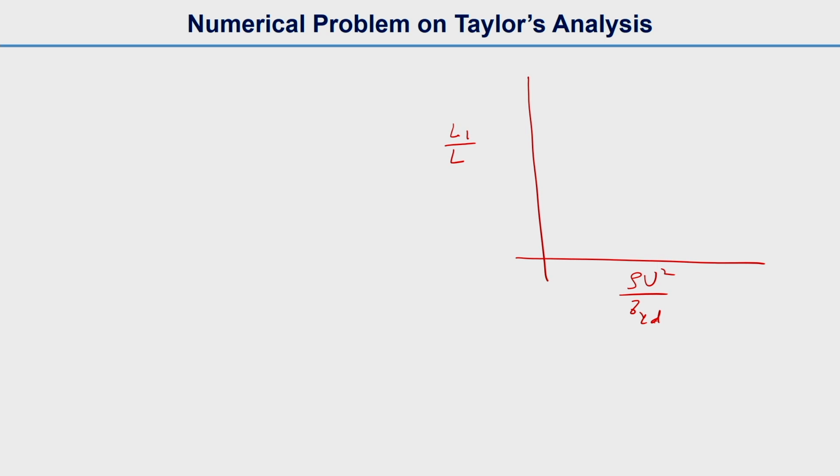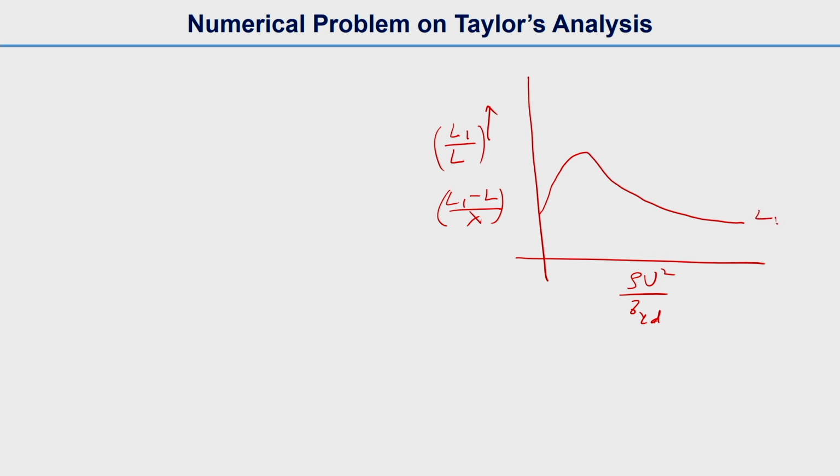So L1 by L, and then another ratio is L1 minus x by L. So both of these we can plot with this rho u square by sigma yd. We already did these curves in the earlier lectures.